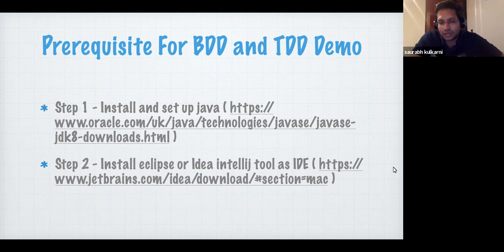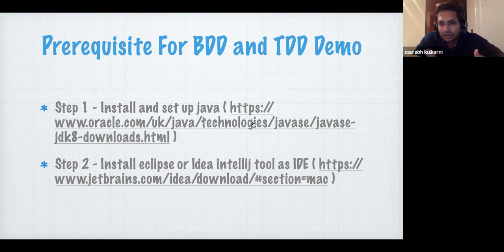If you want to do this hands-on on your own, which is good if you do, then there are some prerequisites that you need to have, and I just wanted to clarify that here. One prerequisite is to install and set up Java. Where Java is to be installed from, I'm not covering in this session. You need to follow the link given here.